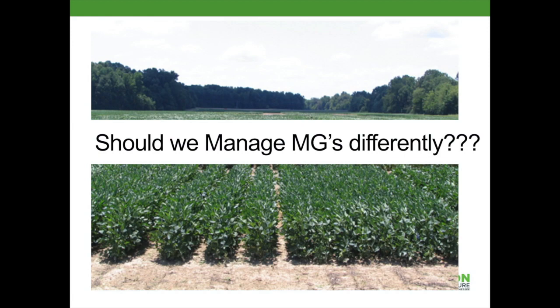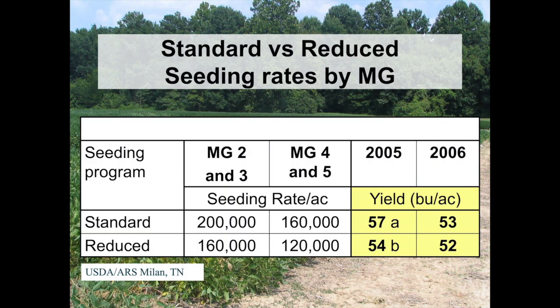I get asked about seeding rates sometimes, and many years ago, and probably still now to some extent, folks kind of look at a group 2 or a group 3 variety as a bean that tends to not branch as much, and so maybe we need to plant more seeds per acre to help make up the difference there.